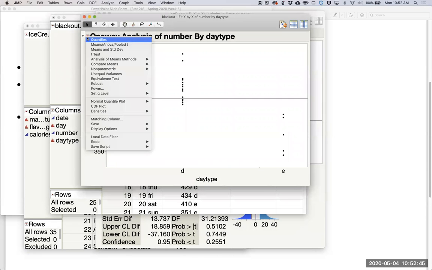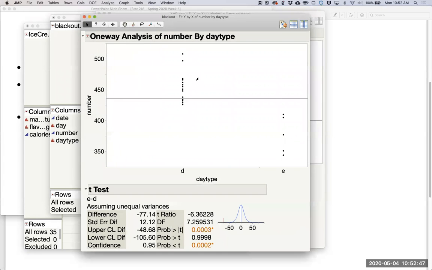And here, if I were to turn on my t-test procedure, we see that my confidence interval for the average number of bursts on weekends minus weekdays is -105 to -50. 0 is not inside that confidence interval.